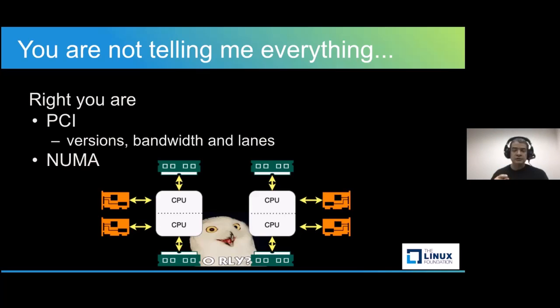And these slots can be accessed faster by the CPU. If they are inside the same NUMA node, the CPU can access those PCI slots and the memory slot faster than if it tries to access a PCI slot that is somewhere else in some other NUMA node.